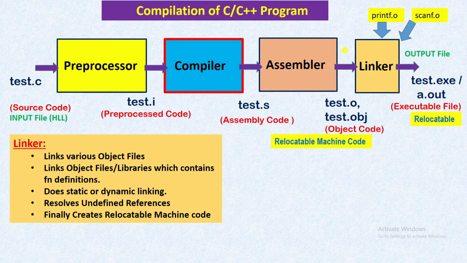So what happens is, your compiler writers have already written that functionality inside a file called printf.o, and inside that file all that information is present. So your linker will link or add that information with this test.o file.